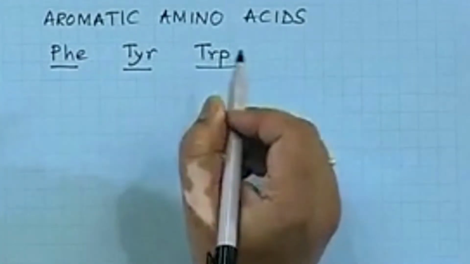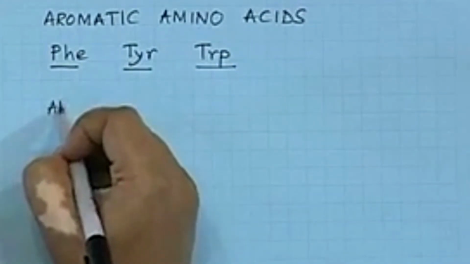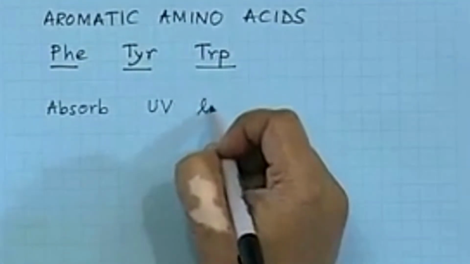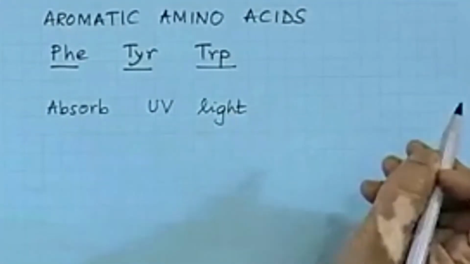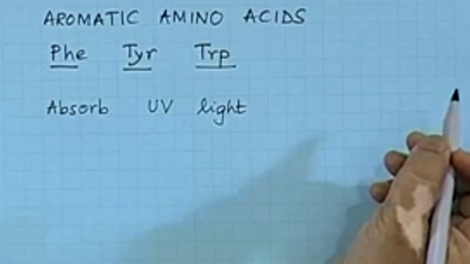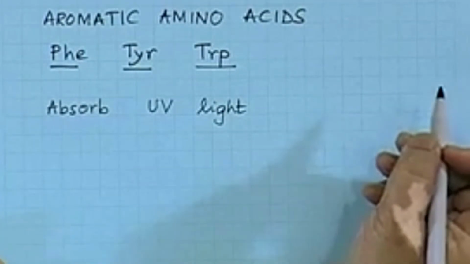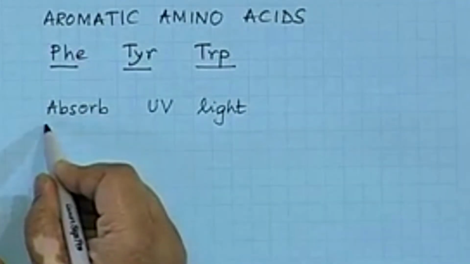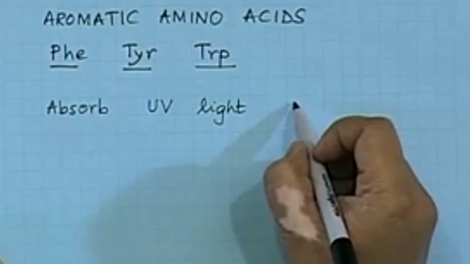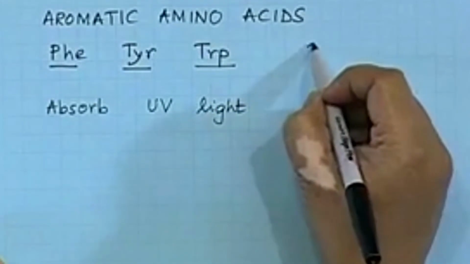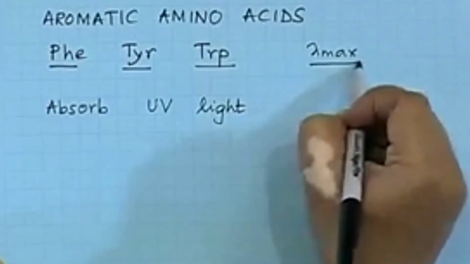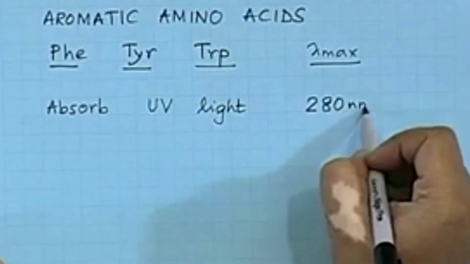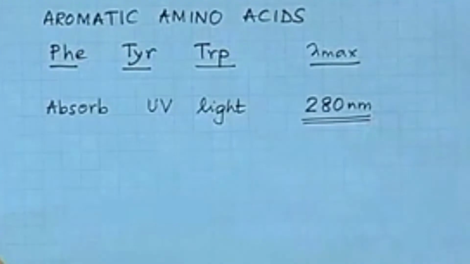each of these absorb UV light. They absorb ultraviolet light. So, their presence in proteins can actually be utilized in this fashion. What do we mean by that? They absorb UV light in the range, they have different lambda max values, but usually we look at 280 nanometers to identify a protein.